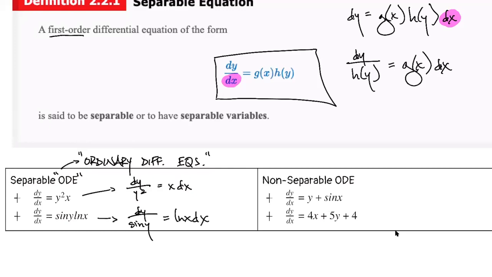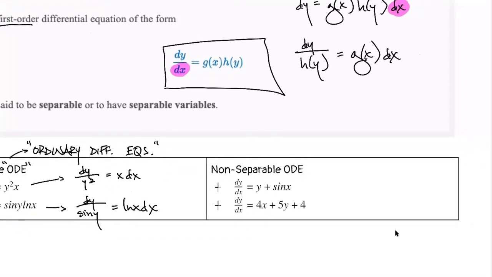Okay. Now, these are some of the more basic ones, and I think those don't necessarily need a lot of introduction, okay? So we're going to do some of these, but we're also going to take it up a notch where we're looking at maybe we need to manipulate some things first before we can divide and get all the x dx's and all the y dy's on one side, okay?